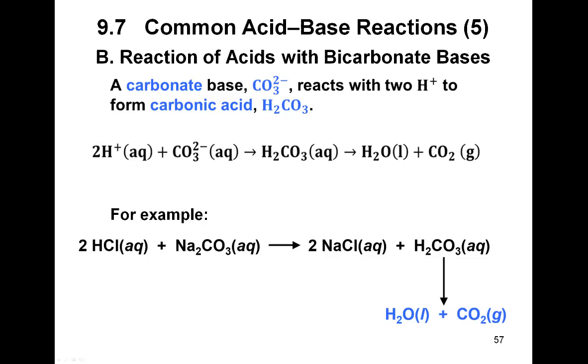Together they will make the carbonic acid, H2CO3. And then the 2 Na+ that comes from this Na2CO3, right? You recognize here the sodium metal, which makes the sodium plus as ions. So those 2 Na+ combine with the 2 Cl- from the HCl.